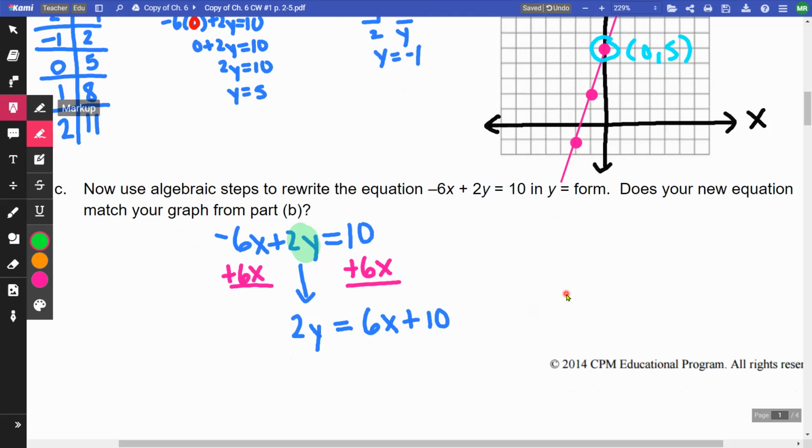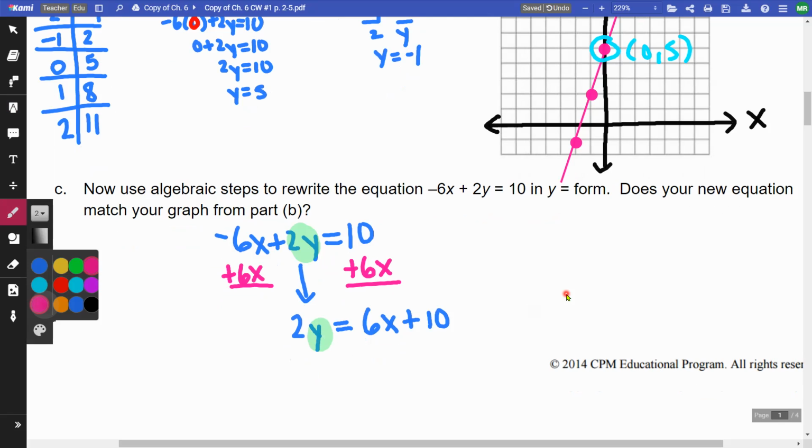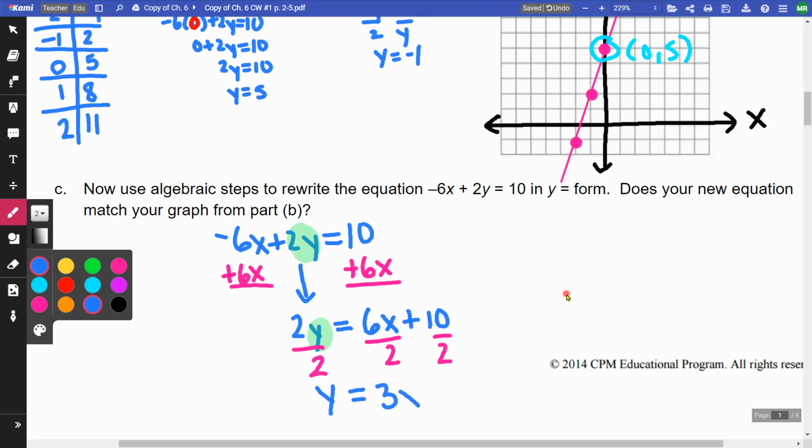Now, the next thing I want to do is get my y by itself. So I don't want that 2 there. To get rid of that 2, I'm going to divide by 2. Now, I could divide this whole side by 2, but I want to see my slope and my y-intercept separately. So I'm going to divide this by 2 and this by 2, instead of all together. When I do that, I get y equals 6 divided by 2 is 3, so 3x, plus 10 divided by 2 is 5.